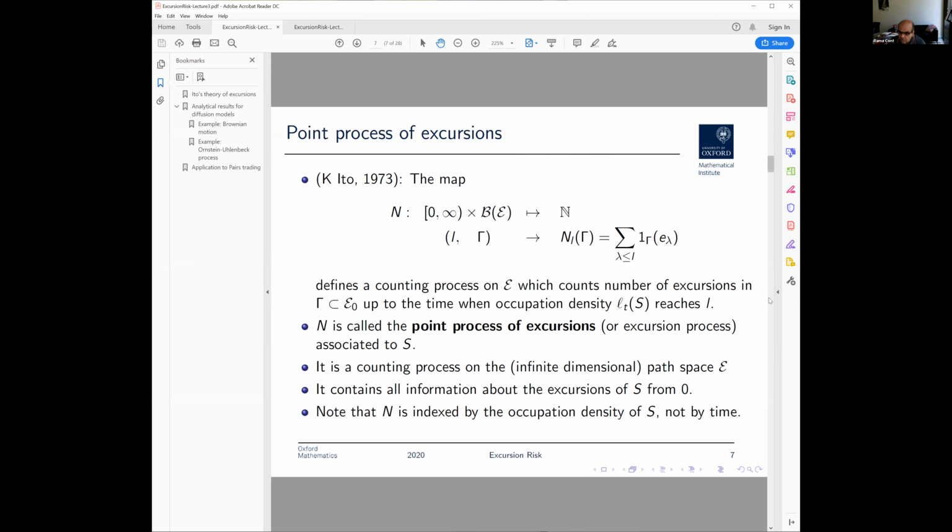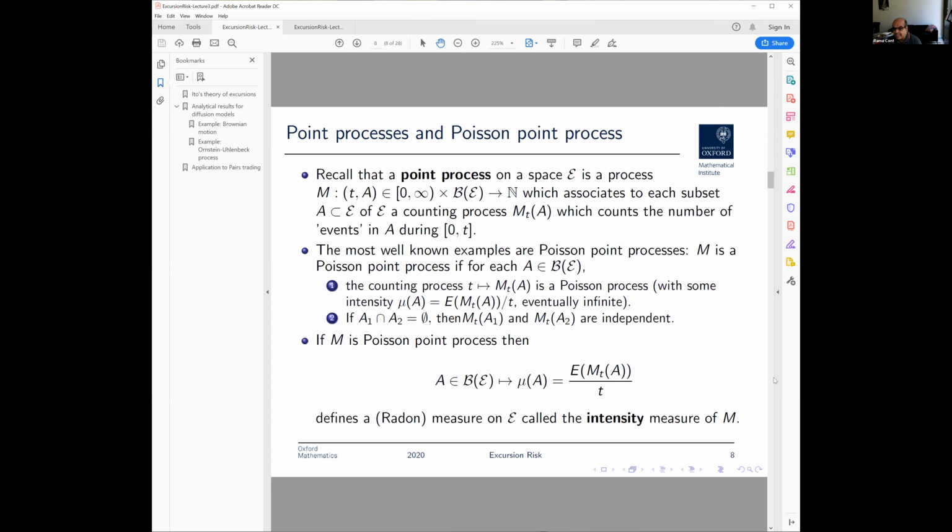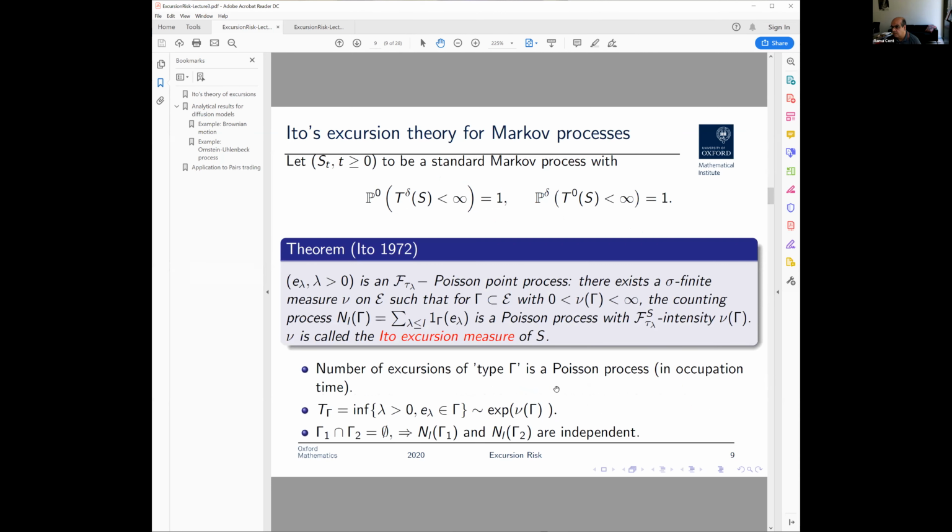So you look at this construction and then use the strong Markov property and the stationarity of the transition probabilities of S to show that, if S is a strong Markov process with stationary transition probabilities, then this process has stationary independent increments. And being a counting process with stationary independent increments, it means that it is a Poisson process. But once you show that it's a Poisson process, then you get for free that the inter-event times are exponential.